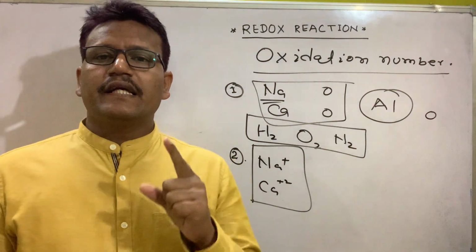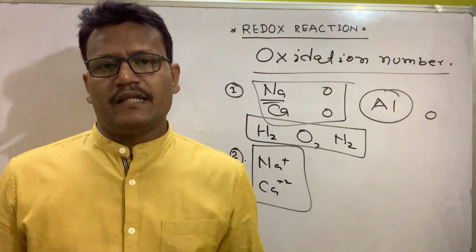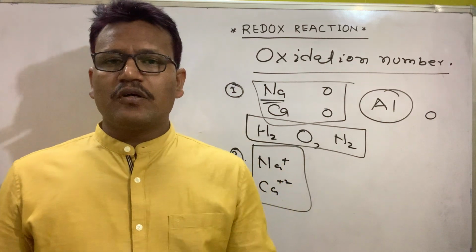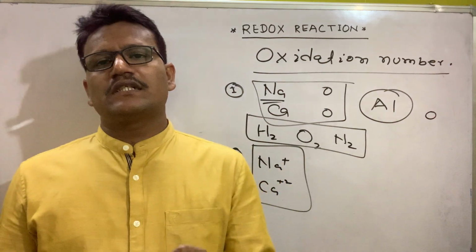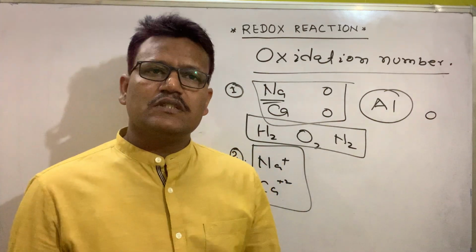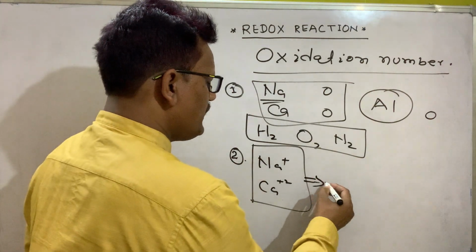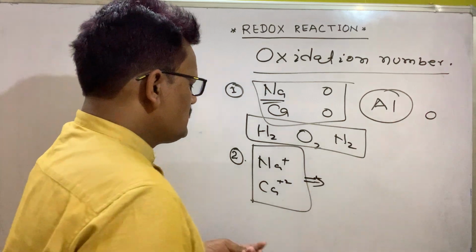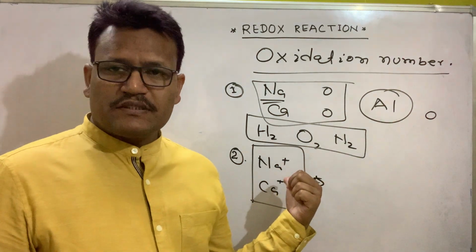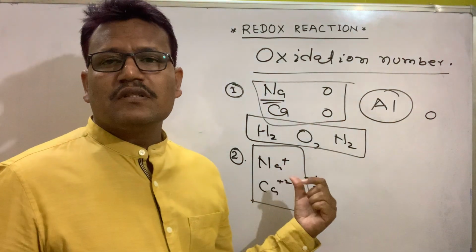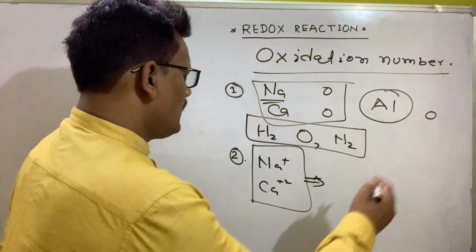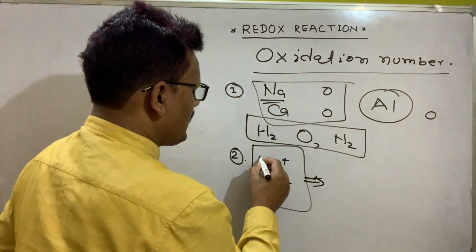That is, in case of a monoatomic ion, the oxidation number of an atom will be the number of charge with sign present on the atom. That is, look here.